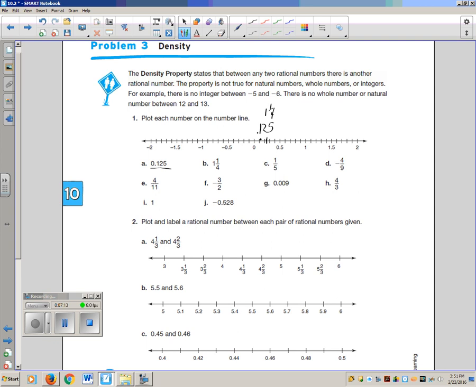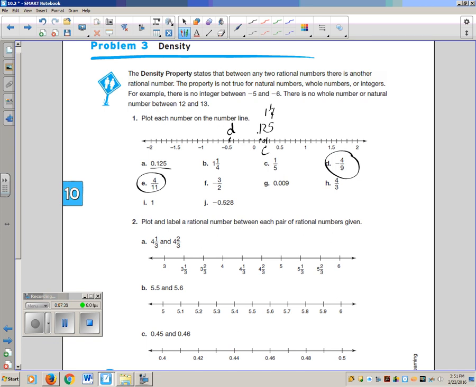Once again, not enough room. 1/5 is going to be 0.2. Right here. Go ahead and just put the letters. I guess that would be easier. D, negative 4/9. It's less than a half. So I'm going to put it right about here. 4/11.